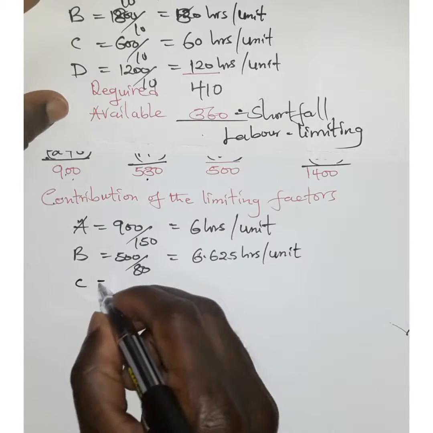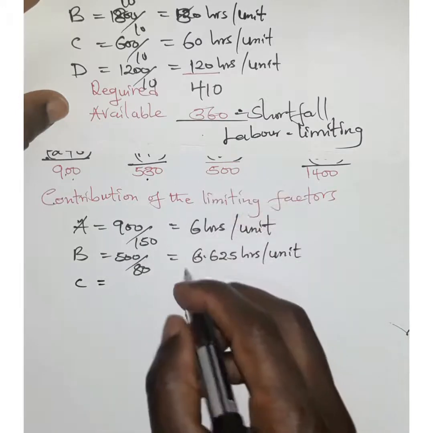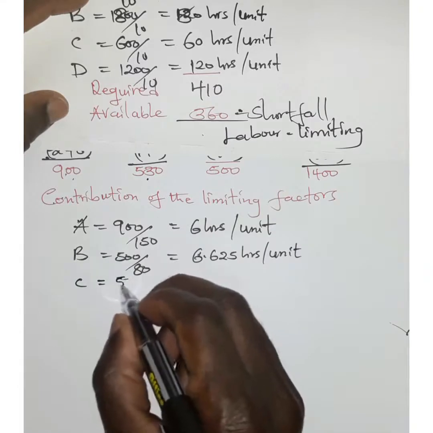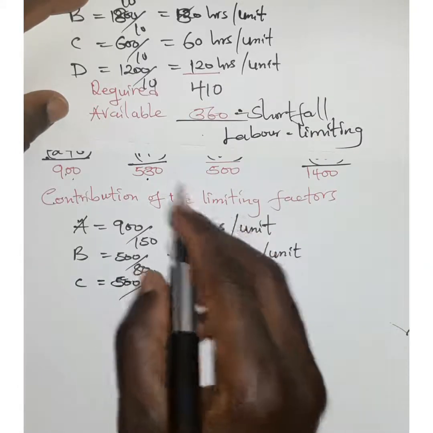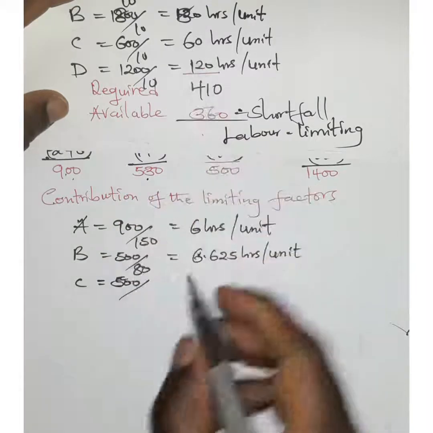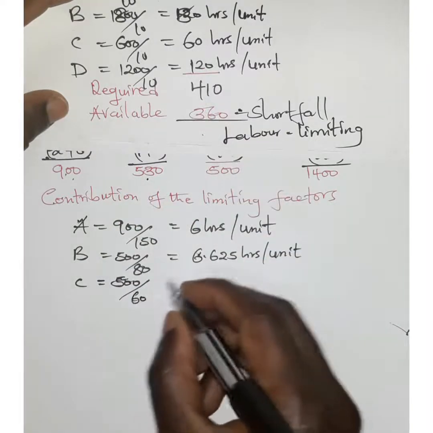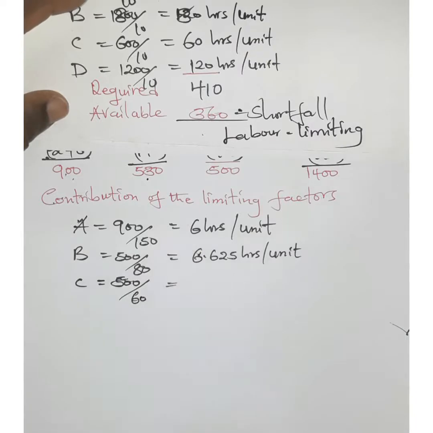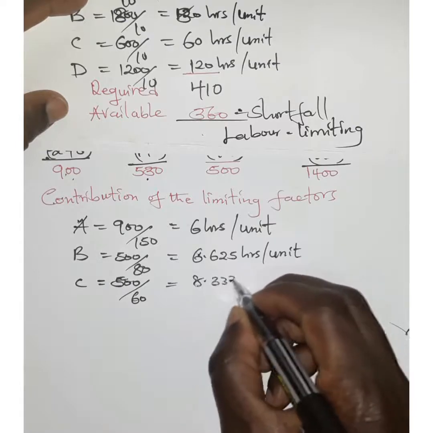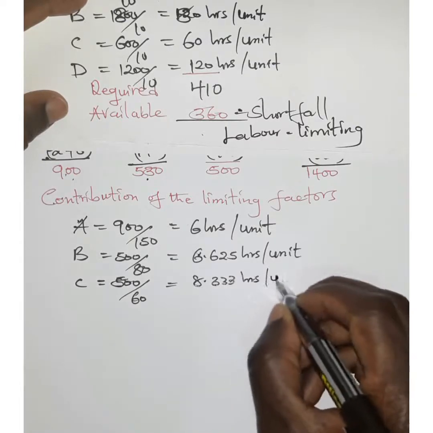Then C, we have a contribution of 500 again, divided by 60, you get a value of 8.33 hours per unit.